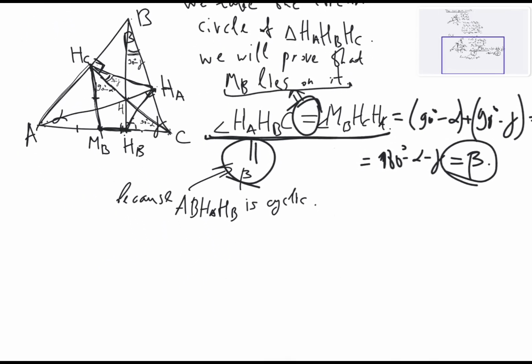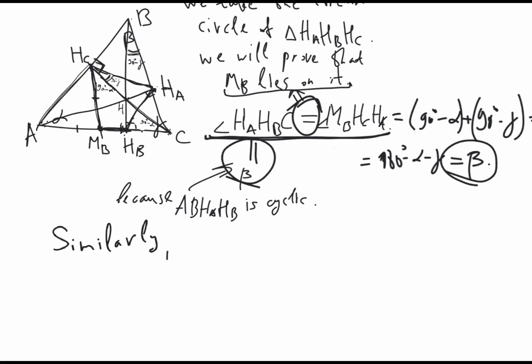So similarly, the other two midpoints, MA and MC, also lie on the circle. That's denoted by omega.